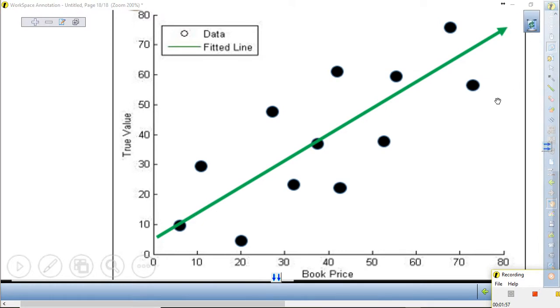So if you notice, the x-axis is labeled book price, and the x-axis is scaled from 0 to 80 by tens. And the y-axis is labeled true value, and it's scaled from 0 to 80 by tens also. So copy that, please, on your example. I'll give you some time. All right. Let me zoom out again.